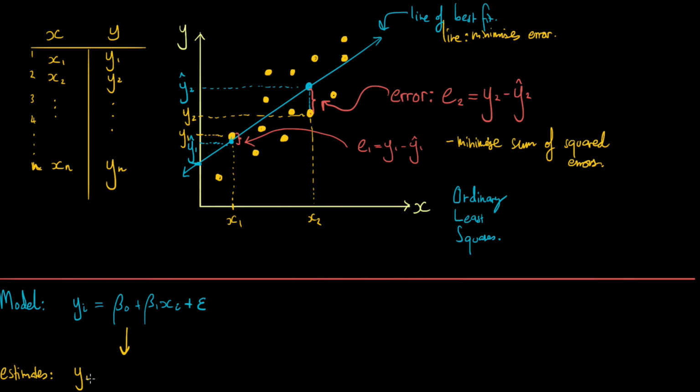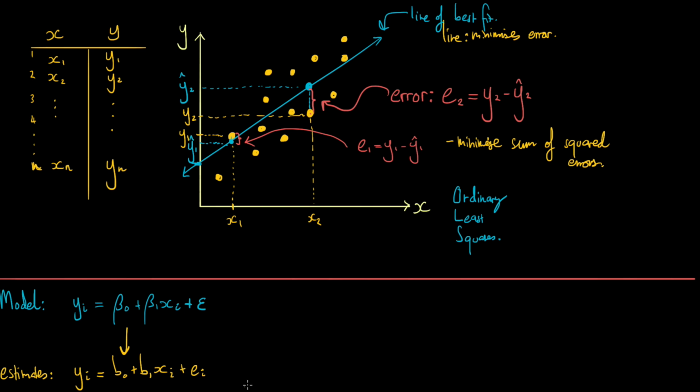And what that's going to be, just as before, yi, our dependent variable, is going to be equal to not beta 0, we call it b0, our best guess of what beta 0 is, plus b1, our best guess of what the slope beta 1 is, times the corresponding value of xi, plus, and instead of having an error term here, we've got our error terms from our data, which are literally the distance between my predicted values on this line and my true values in the data, and we call these ei.